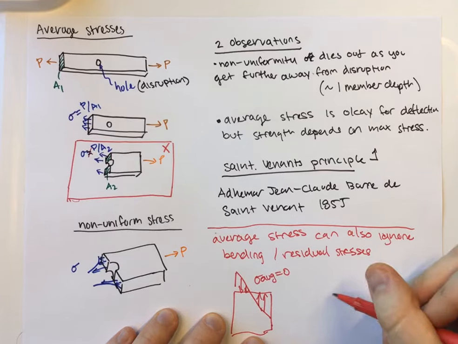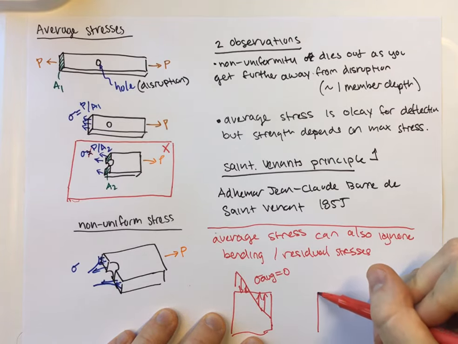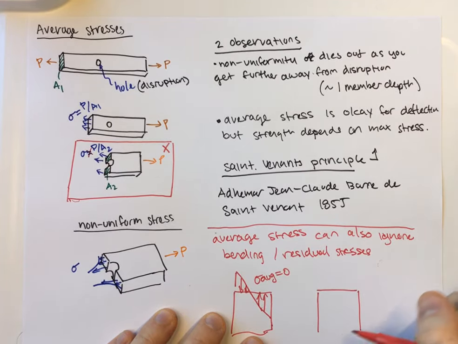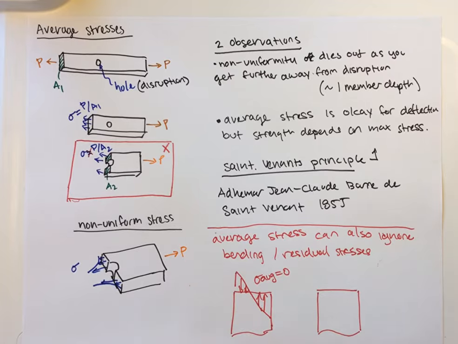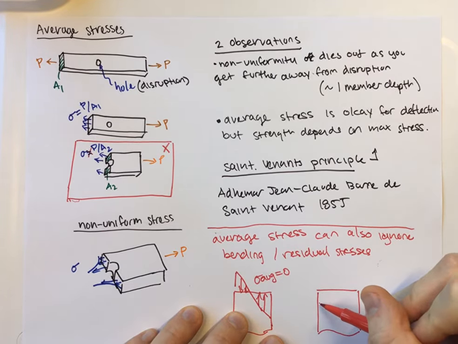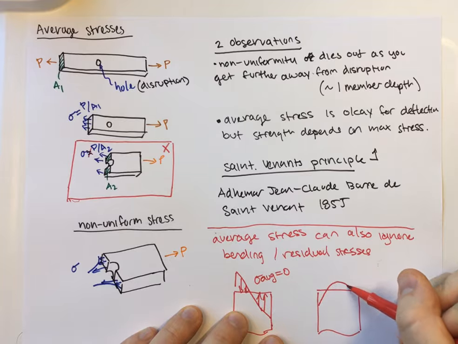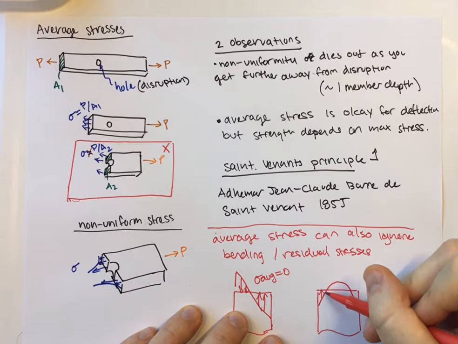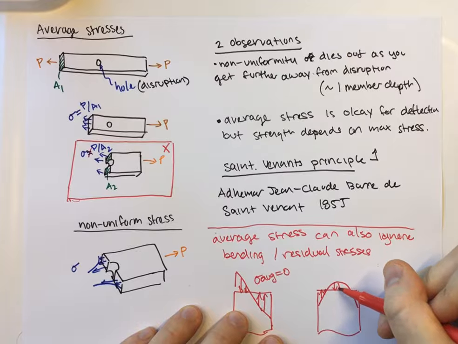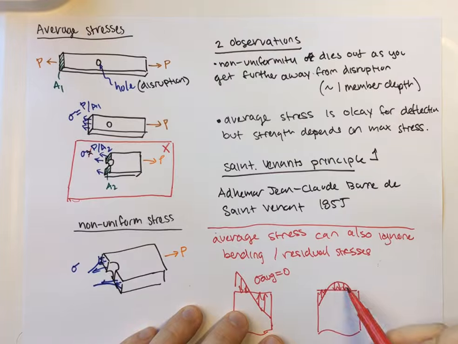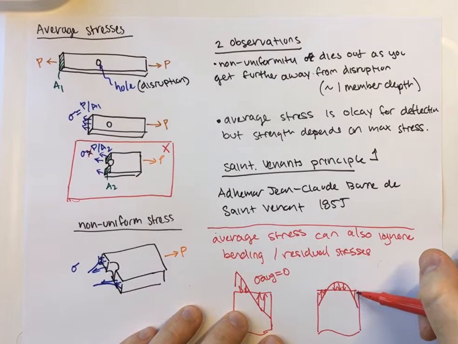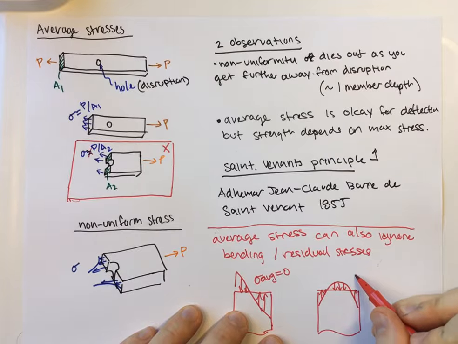The other thing that can happen is thinking about the same nondescript member, but if it's an interesting shape, an I-girder or something like that, it'll cool at a different rate based on the thicknesses of the different parts. And what can happen is that you'll end up getting a stress picture that looks something like that. So you'll have compression in the middle, you'll have tension on the outside, and again, sigma average can be 0.